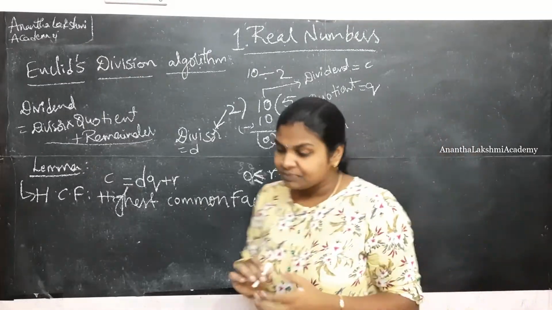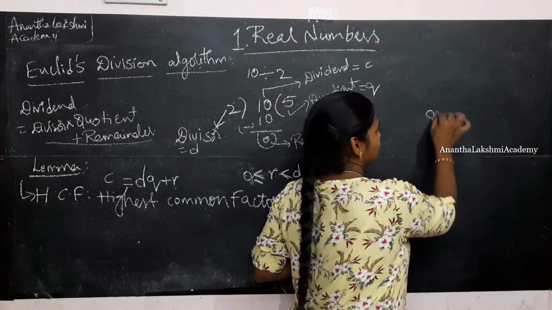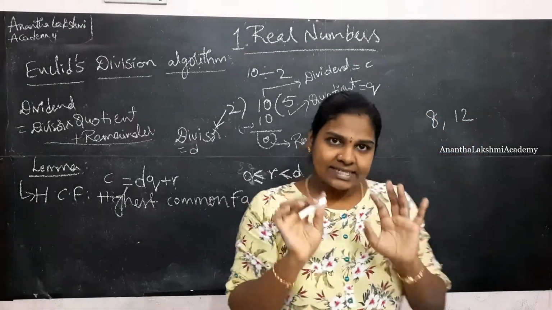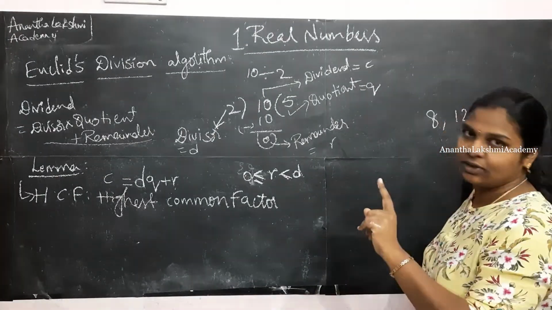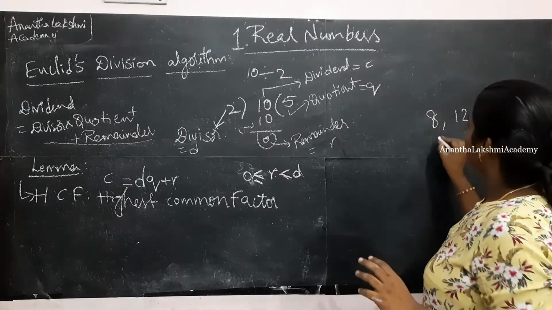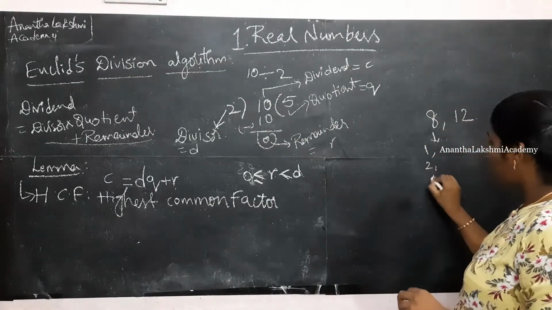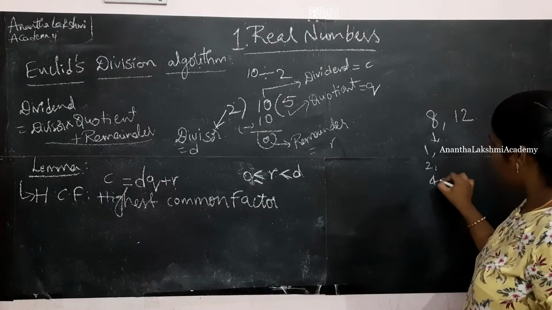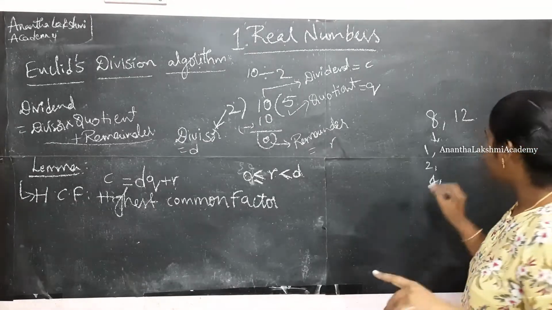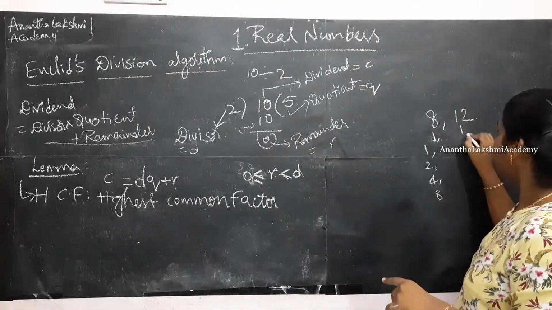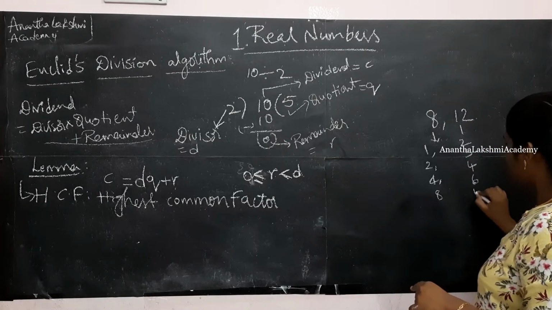Okay. Now let us consider an example of 8 and 12. If I ask you to figure out the highest common factor of both 8 and 12, what are the factors of 8? You tell me. 1 is a factor of 8, 2 is a factor of 8, 4, then 4 2s are 8, and 8 is a factor of 8, right? 4 factors we have. And what about 12? 1, 2, 3, 4, 6, and 12.